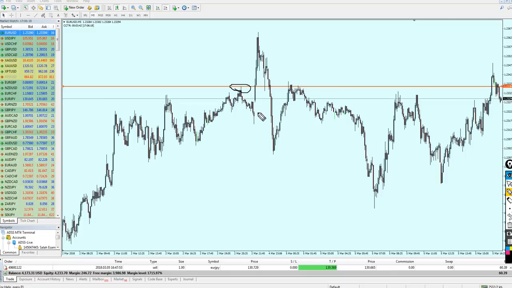So we had this breakout, and you can see the candles break out from this level, and then went all the way back because they cannot simply ignore this level. This is a very strong resistance level on the 4-hour chart, therefore on the 5-minute chart it will be strong.